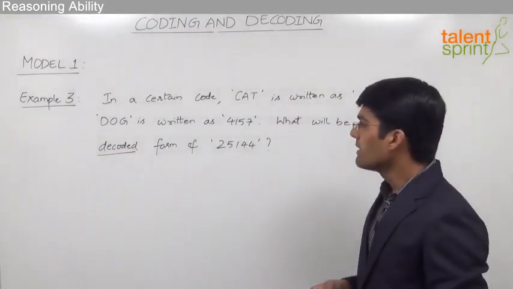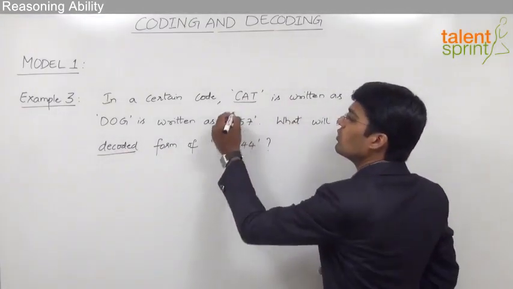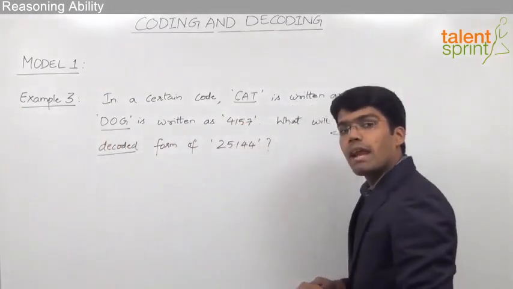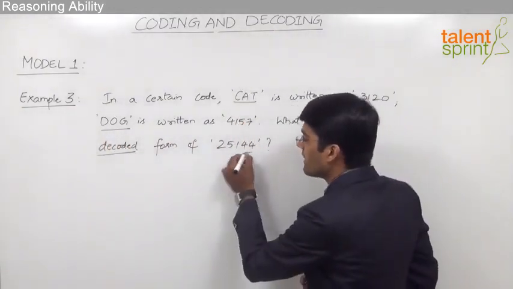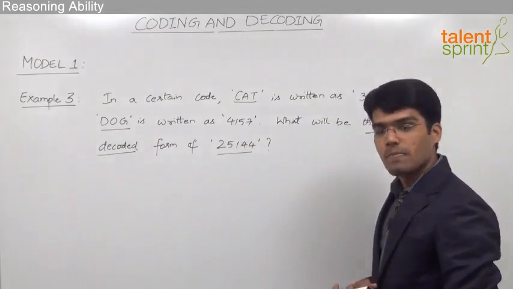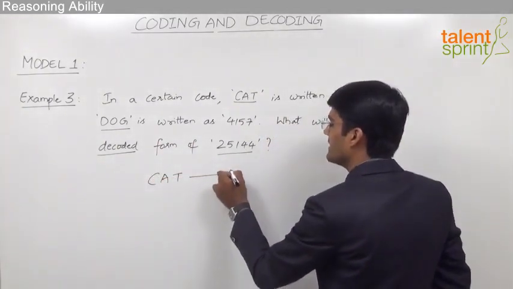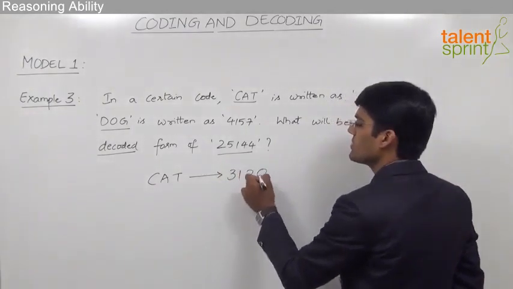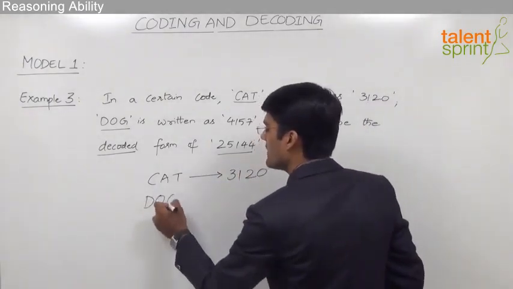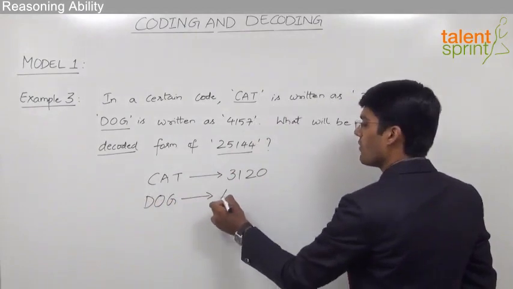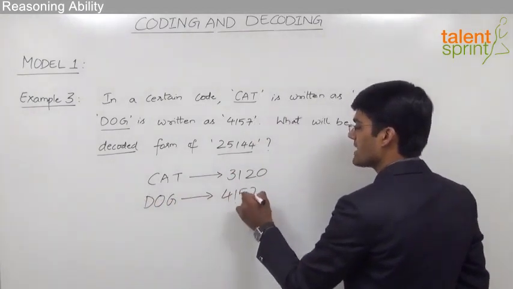As you can see here, the coded form for 2 words has been given and the decoded form for a third code is asked. So the word cat is taken as 3120. Dog is taken as 4157.